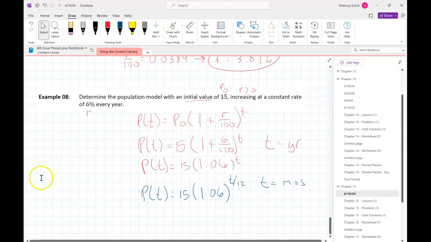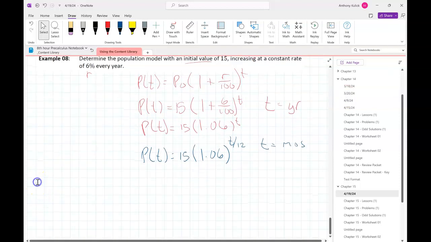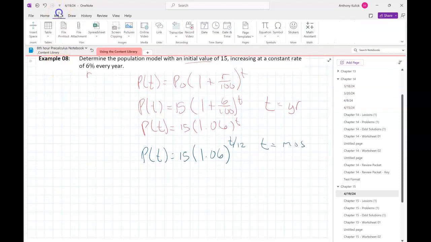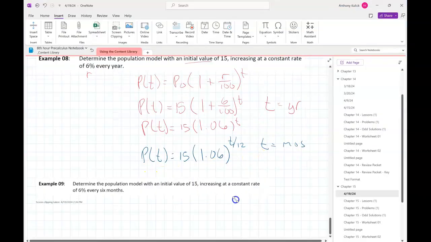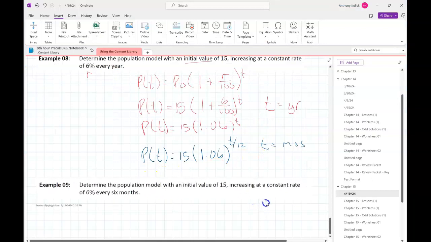All right. Now there's another situation where we have to be a little bit careful. Let's look at this example. It says determine the population model with initial value of 15 increasing at a constant rate of 6% every 6 months. Isn't this the exact same problem?